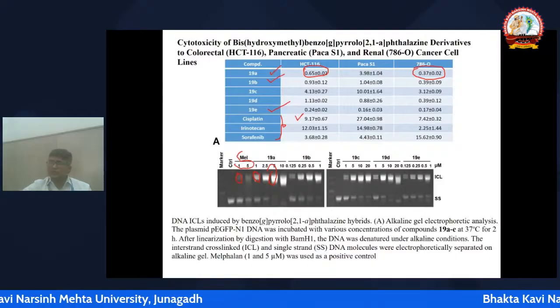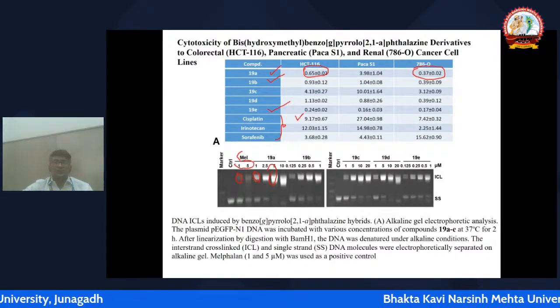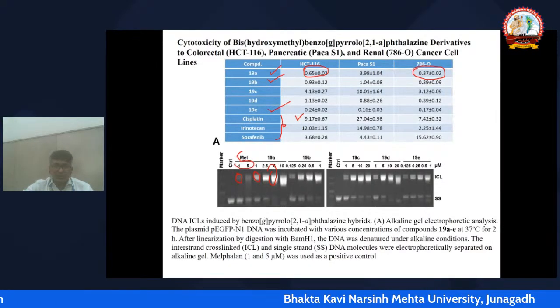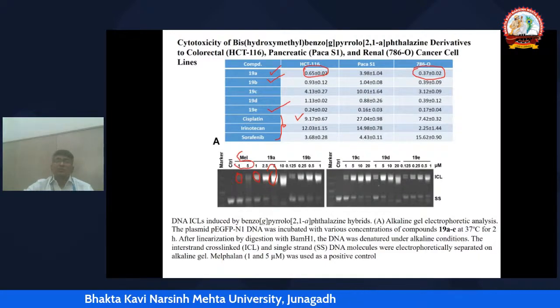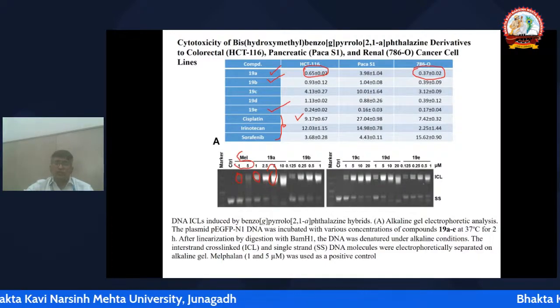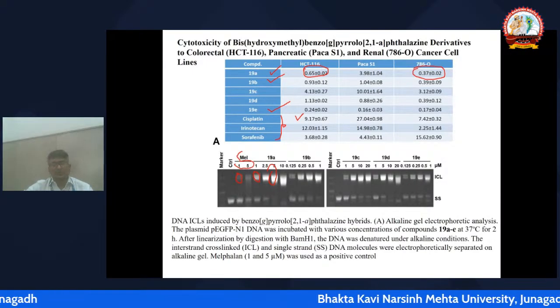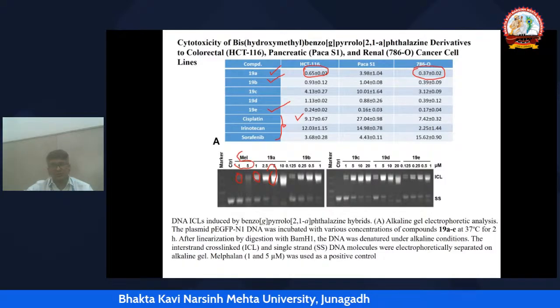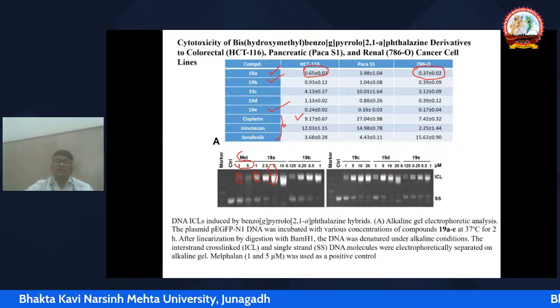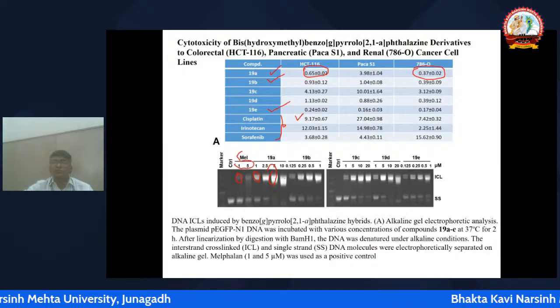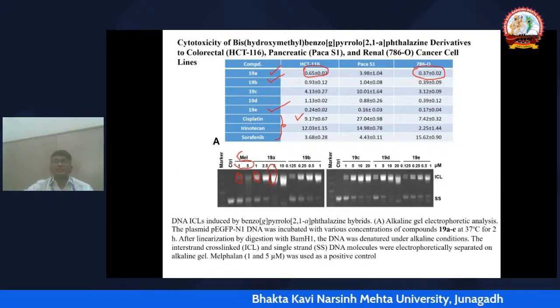Similarly, 19B, 19C, and 19E, all four of these molecules give very good DNA interstrand cross-linking activity. So through this electrophoresis method, we can identify that our compounds have good DNA interstrand cross-linking activity.